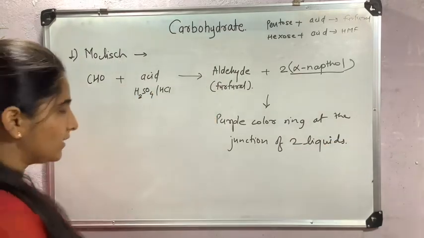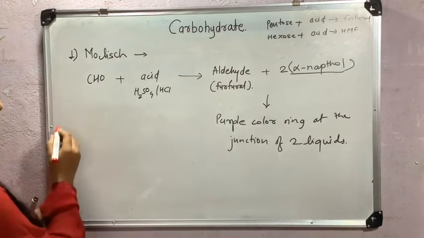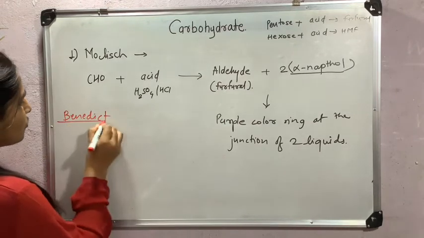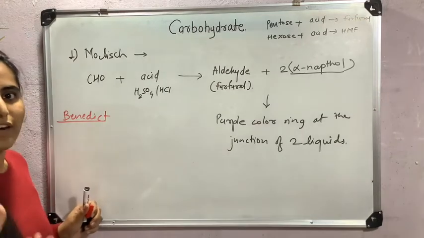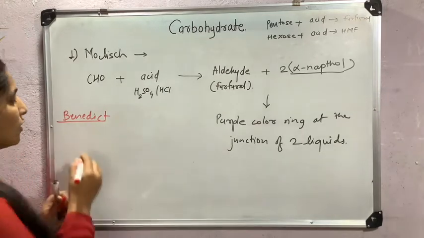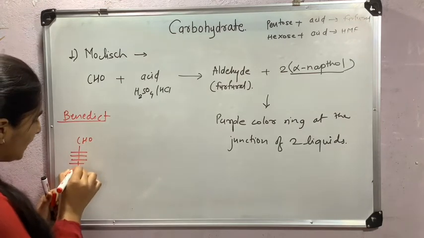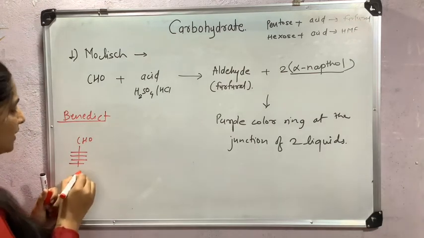Now what happens in the Benedict test? The Benedict test is used for identification of reducing sugar. If our sample contains reducing sugar, then that sugar should have an aldehyde group or alpha hydroxyketone methyl group.